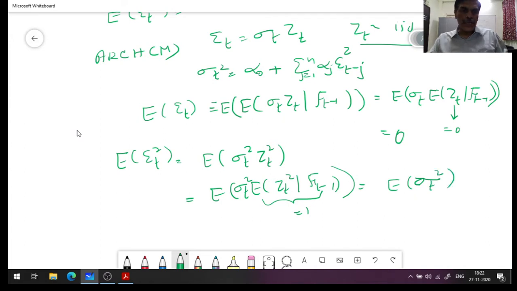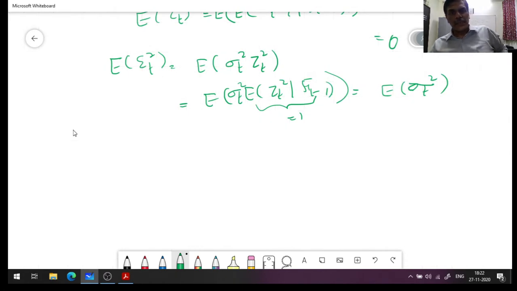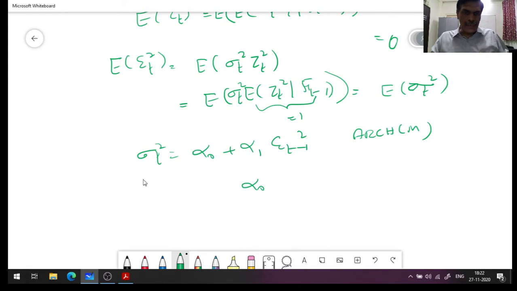And what is this quantity? This quantity, sigma_t squared, is alpha_0 plus alpha_1 epsilon_{t-1} squared in the case of an ARCH(1) model. We have seen that in the last class; this is actually coming down to alpha_0 upon, let us derive that actually. If you have a difficulty, it's not difficult to derive.